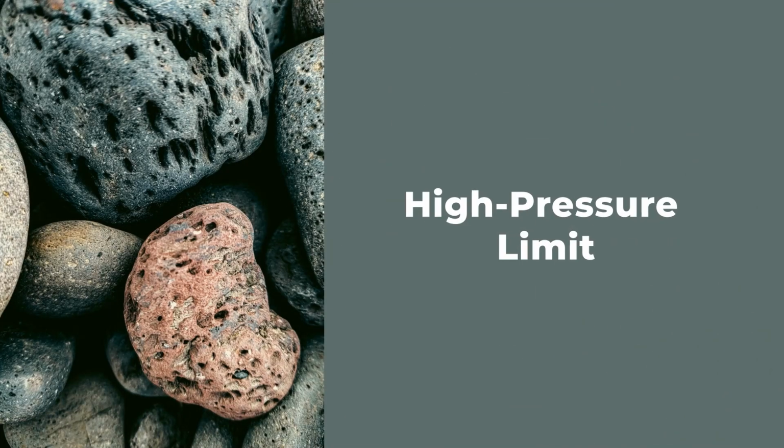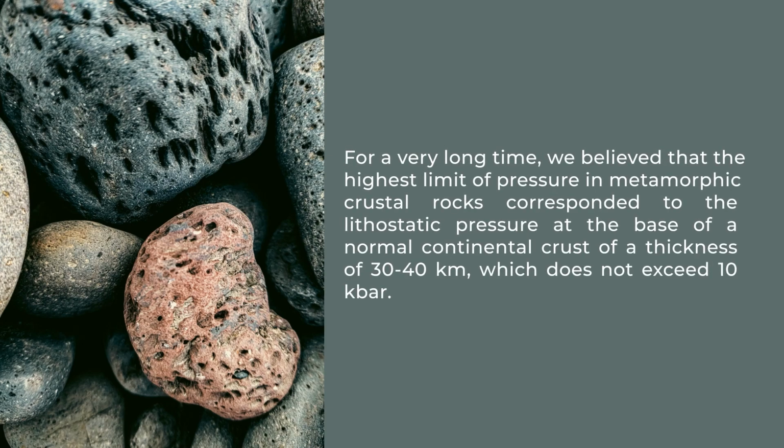High pressure limit. For a long time, we believed that the highest limit of pressure in metamorphic crystalline rock corresponded to the lithostatic pressure at the base of a normal continental crust of average thickness of 30 to 40 km, and we thought that this does not exceed around 10 kilobars.